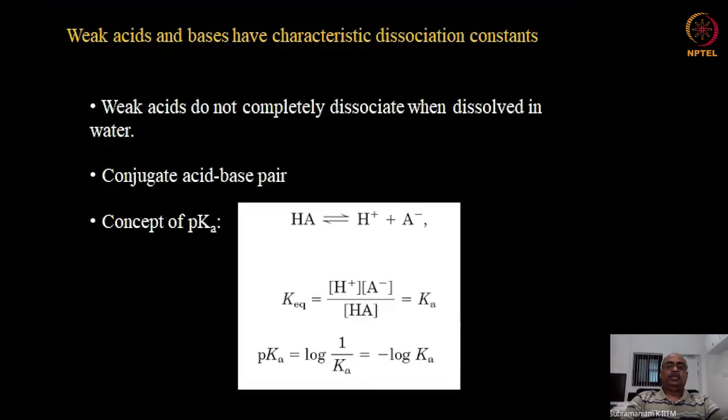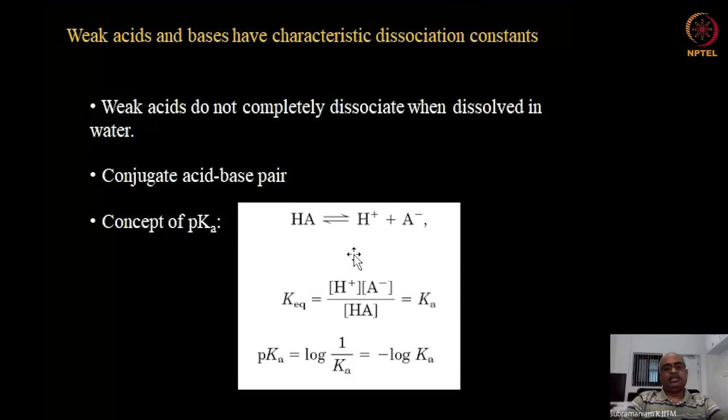So for example, a weak acid here, HA, dissociates partially to give H plus and A minus, which can again combine to form HA. So it is in an equilibrium, like A plus B giving rise to C plus D, and the equilibrium constant is C times D concentration divided by A times B concentration.